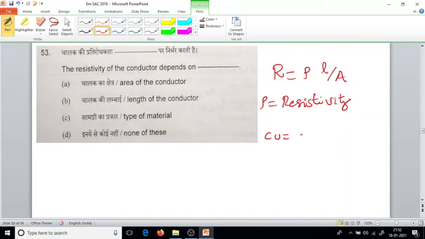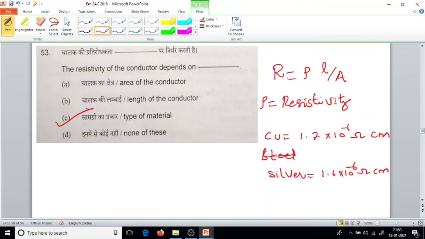Resistivity of copper is 1.7 into 10 to the power minus 6 ohm centimeter, and for silver it is 1.6 into 10 to the power minus 6 ohm centimeter. That's a big table with many materials. So the resistivity of a conductor depends on the type of material. Answer is option C.